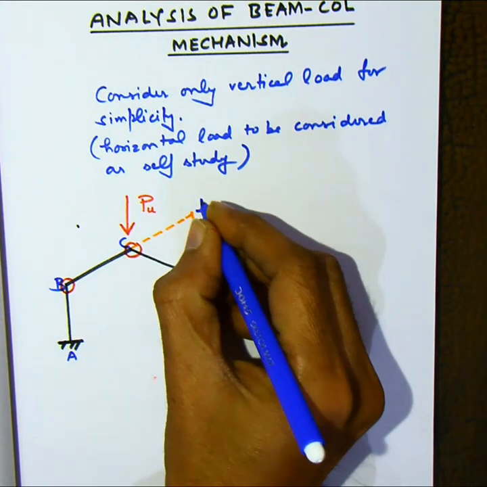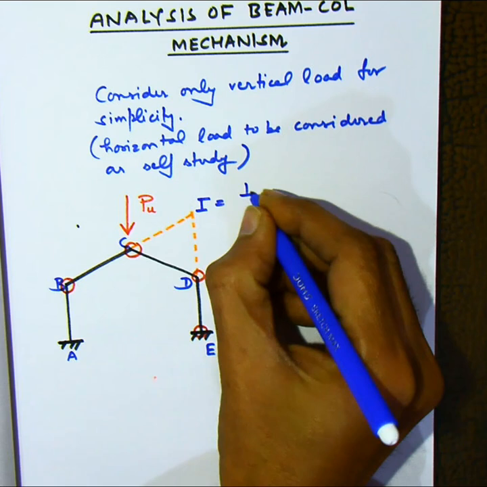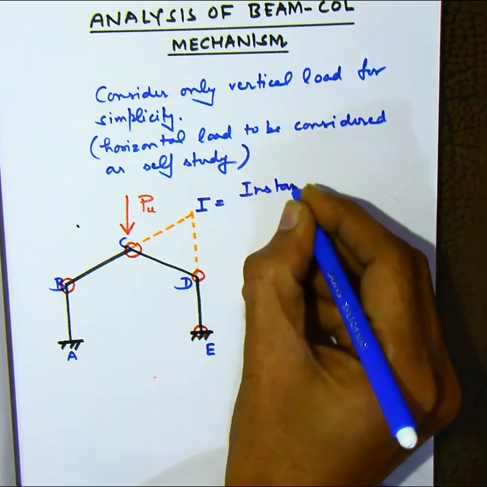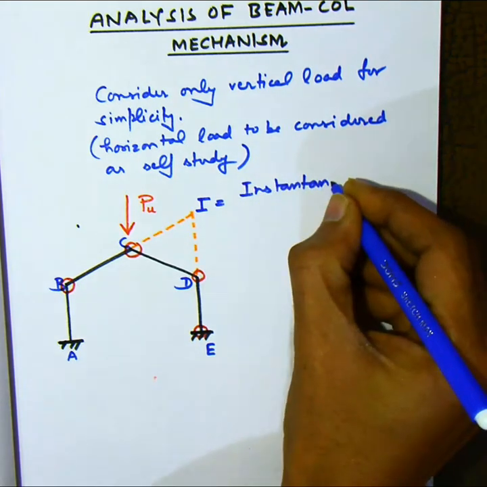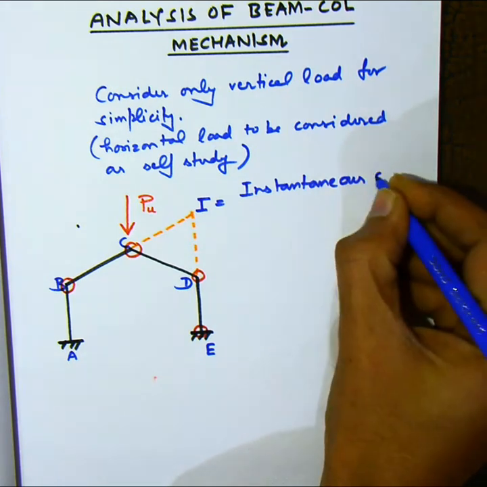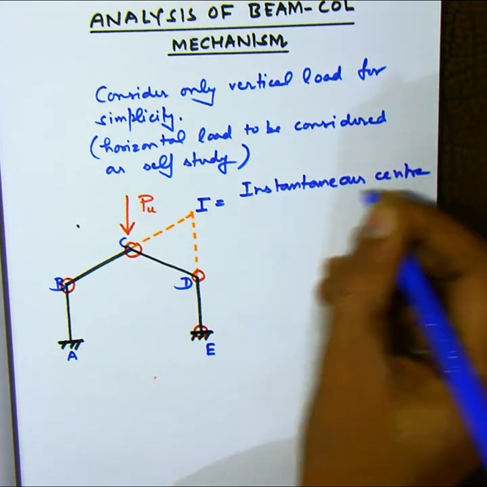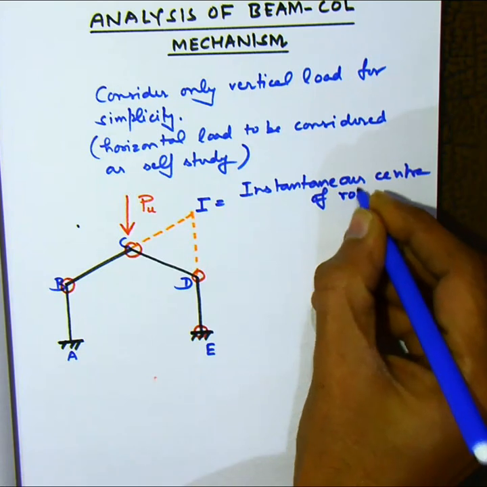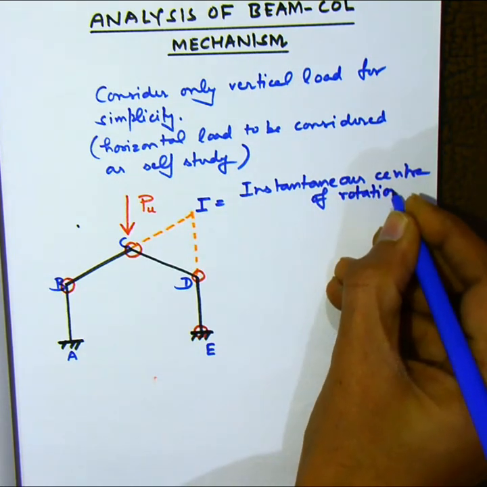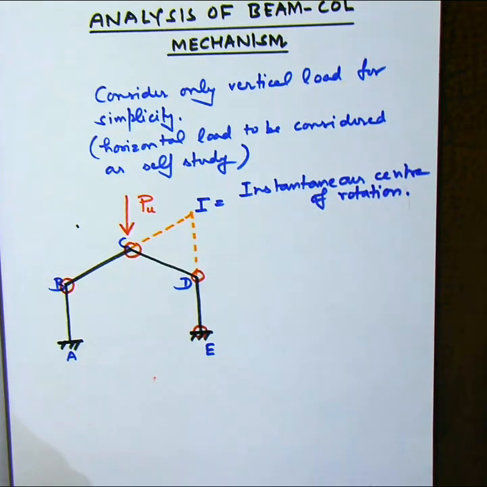So basically, the structure is at the verge of collapse, and at this stage we apply an infinitesimally small rotation about this instantaneous center of rotation I, and this rotation is equal to phi.